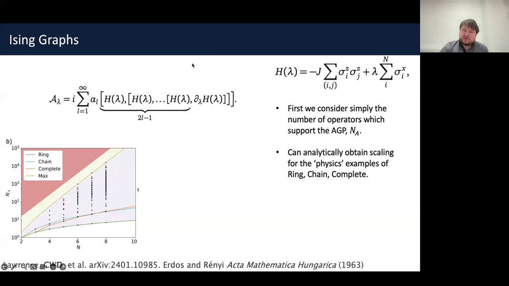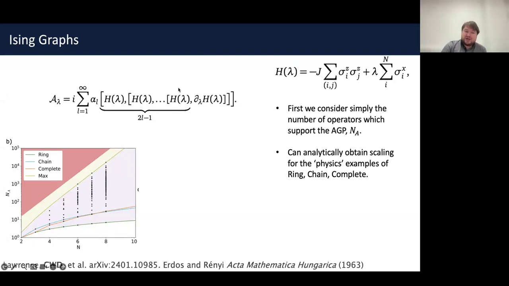The kind of algorithm we've developed to calculate the adiabatic gauge potential uses this commutator form to find the AGP. One of the first questions we had was that, yes, of course, l goes from 1 to infinity, but for any finite system, I'll only have a finite number of operators that the adiabatic gauge potential could have any value on.